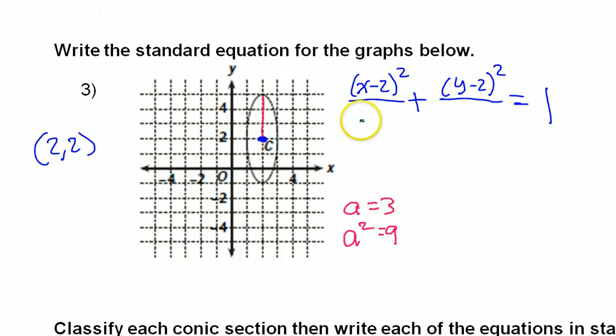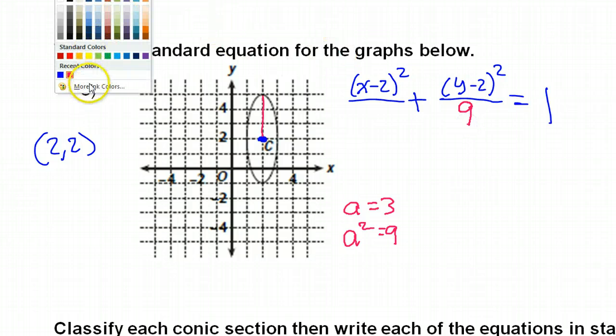So that means this 9 is going to be one of the denominators. Do you know if it will be the x or the y denominator? It'll be the y because this is up and down. It's vertical. That's a y situation. So the 9 goes right there.